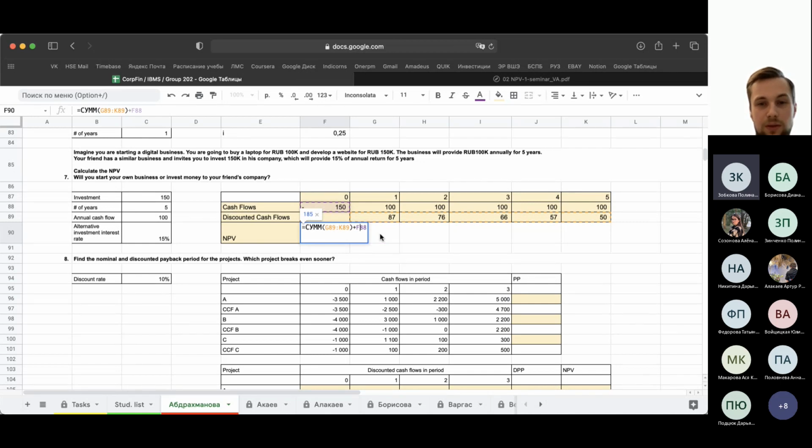So it's actually the measure of the profit of our company. So should we invest in starting our own company, or should we invest in our friend's company, based on the NPV? What do you think?